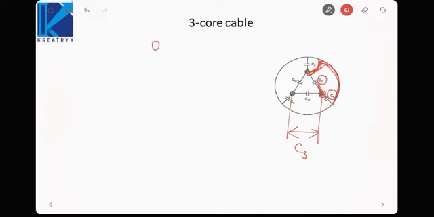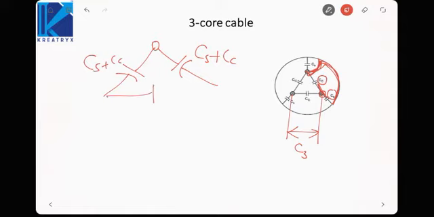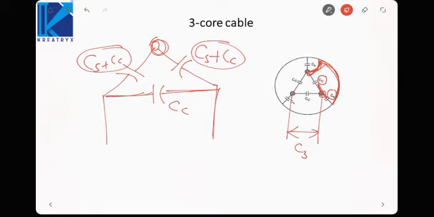So what will happen is, CS plus CC, CS plus CC, and this is CC. Now they have only one terminal common, this one, and this is connected to the other capacitor CC. So both are in series. If two equal capacitors are connected in series, equivalent is C by 2.